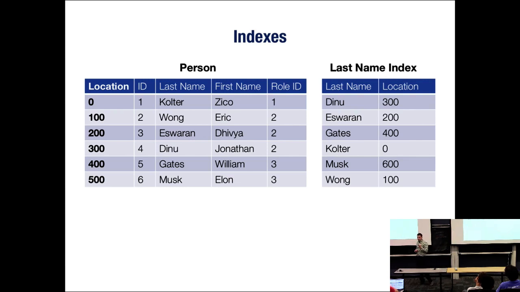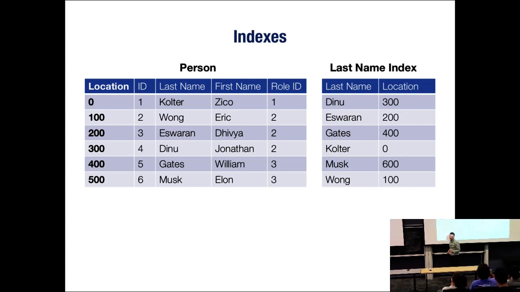Now, it's not really a sorted list, they do it slightly differently, but this is the basic idea. And the nice thing is that it's much easier to search a sorted list for a name like Gates. You can do a binary search. You start in the middle, asking is that bigger than or less than Gates?